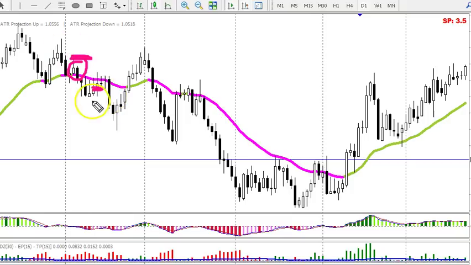Okay, so take a look here, and you see, because it stays pink, this right here, with this black candle, is a conservative style continuation trade. Okay, it's also a breakout of the previous swing low. You can see that right here. So the entry would have been here.